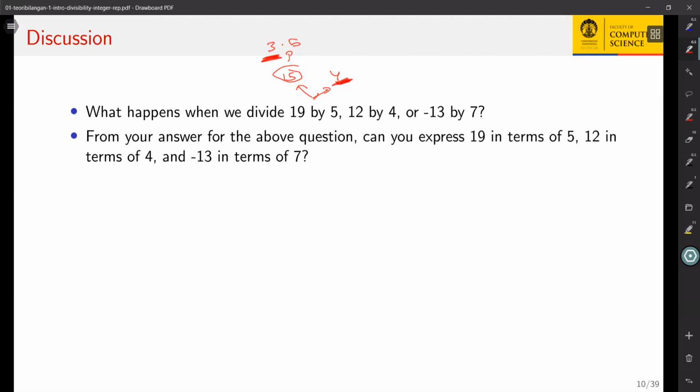Okay. How about this? Minus 13 by 7. So what numbers do you get? Can anyone do the same thing here, a similar thing with minus 13?